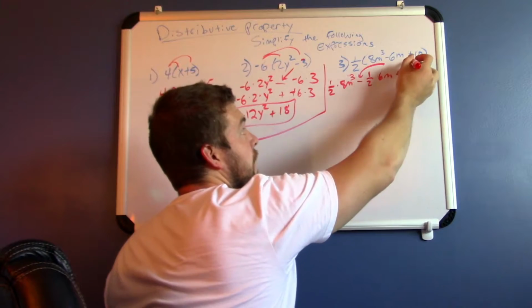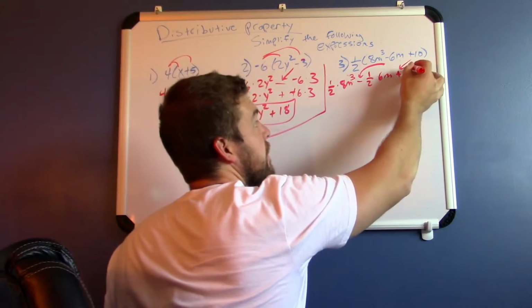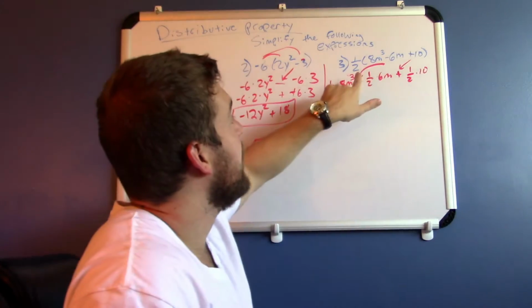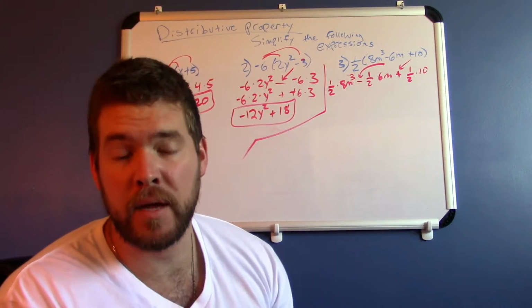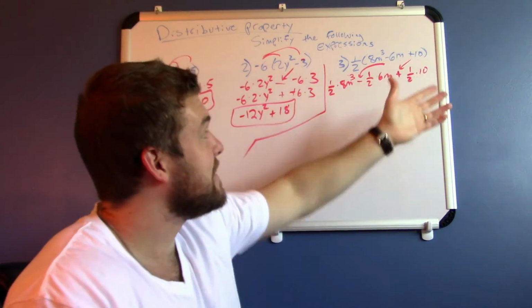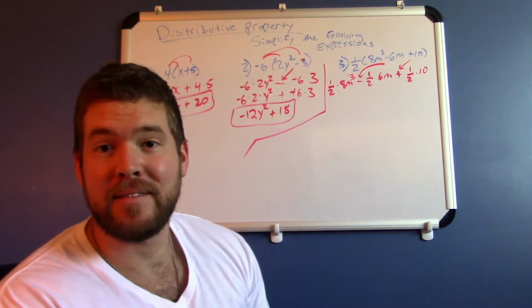We see that here's a minus sign, here's a plus sign that comes down, 1/2 times 10. Now, as you get better at this, you're going to be able to take the 1/2 times 10 and know that's going to be 5 right away, and probably just write the 5 there. When I first show this, I like to show all my steps, my work, but as you get better at this, you're going to probably start skipping that step there.